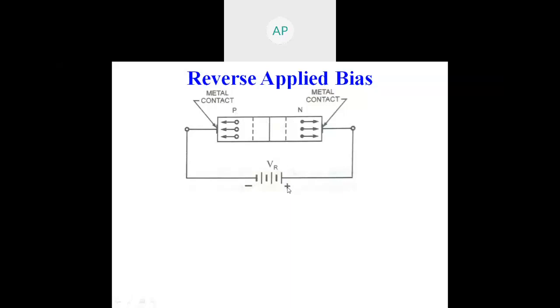Similarly, the positive ions from the positive terminal of the battery will be combined with the negative carriers of the junction in the P region. So will they combine?